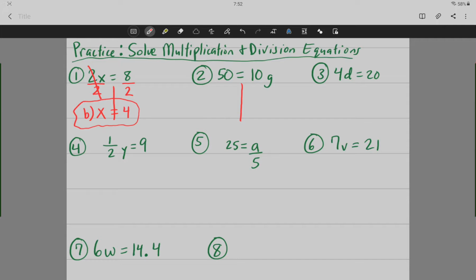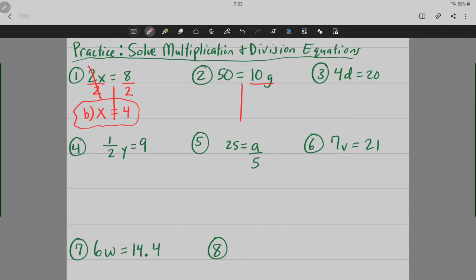Again, we're looking to get the variable by itself. So it says 10g, which is 10 times g. And since we see multiplication, once again, we have to do the inverse or opposite operation, which is to divide. Now I'm going to divide by my coefficient. Remember, coefficient, just a fancy math word that means the number in front of the variable.